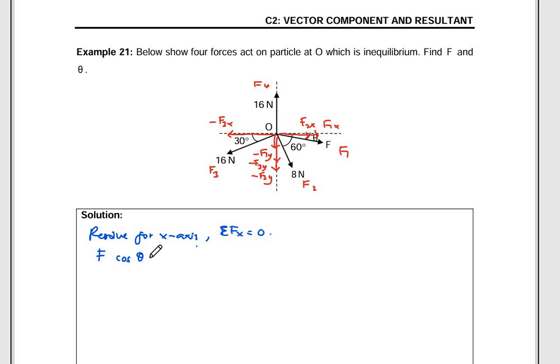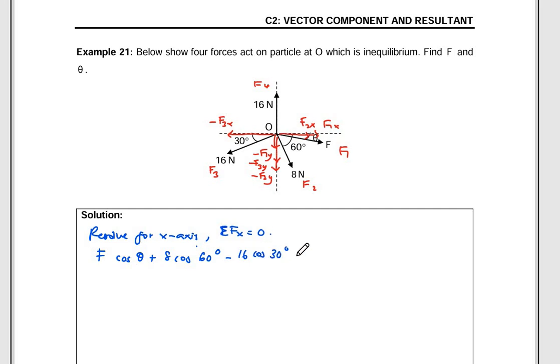And then F2 dia akan baca 8 cos 60. Okay, F3 ke to the left. Negative. Negatif berapa? 16 cos 30.